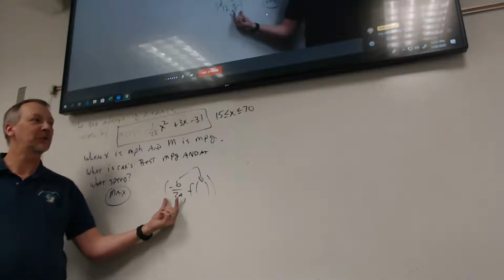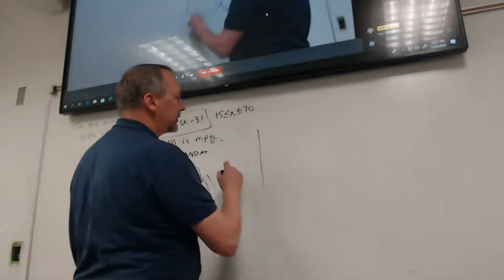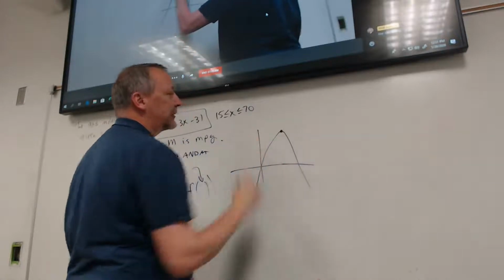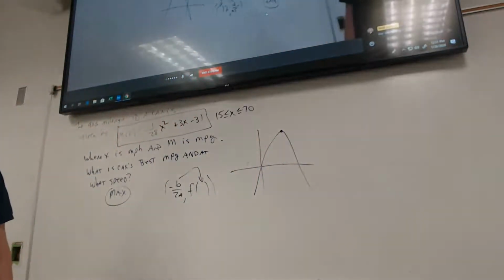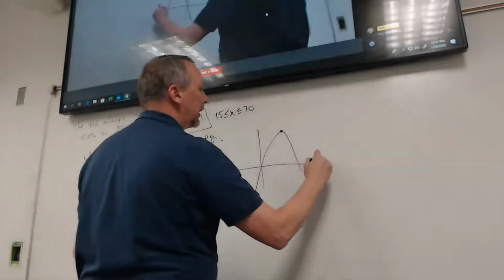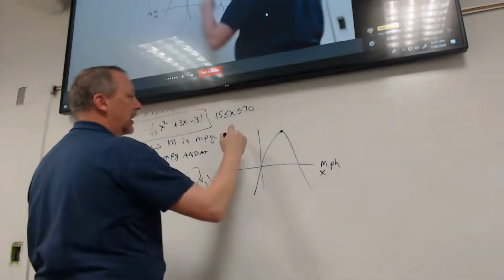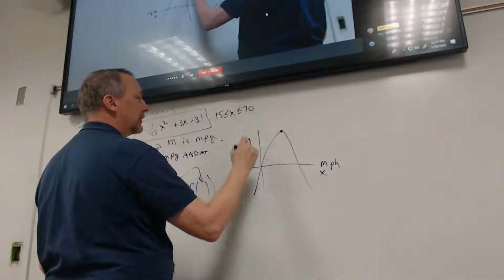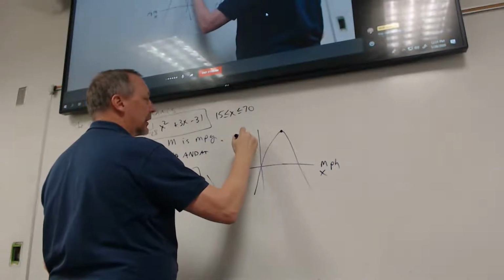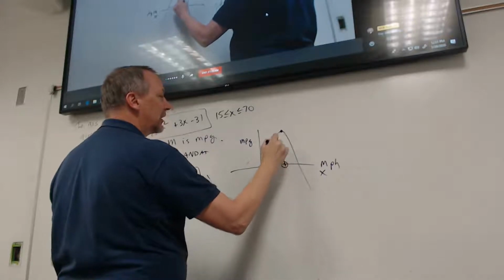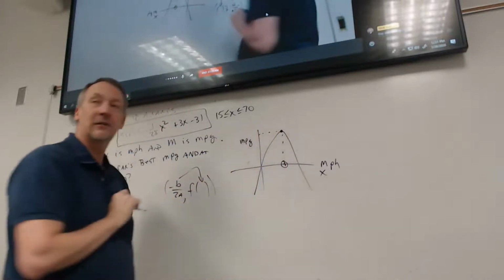The idea here is, I don't know what this looks like. Let's pretend it looks like this, and that's the vertex. If this is our miles per hour, which is our x, and this is our miles per gallon, then that is going to be the best speed you can get with the best gas mileage.